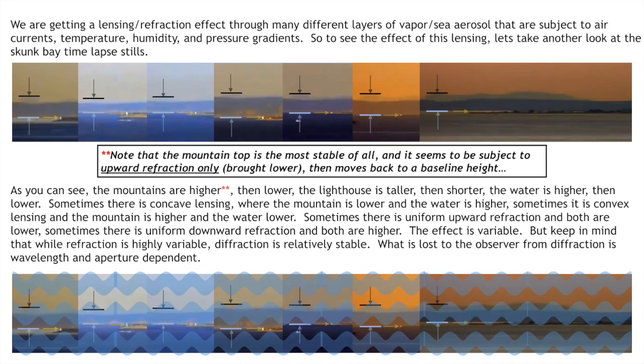What we've tried to depict here at the bottom is that it does seem like you are essentially seeing it through different waving phenomena of these atmospheric effects. So depending on the air currents and gradients and pressure gradients and sea aerosol levels and temperatures and so forth, you're going to get various refraction phenomena. There's just no way around it.